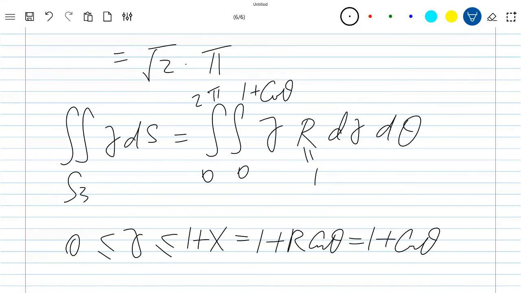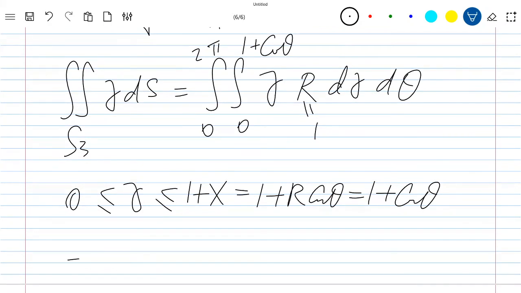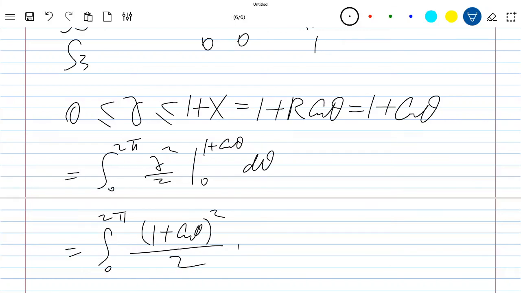Okay, and then you can integrate. So 0 to 2 pi, and r is just 1. z gives you z squared over 2, and plug in the 2 limits, right? Then you have (1 plus cosine theta) squared over 2 d theta.